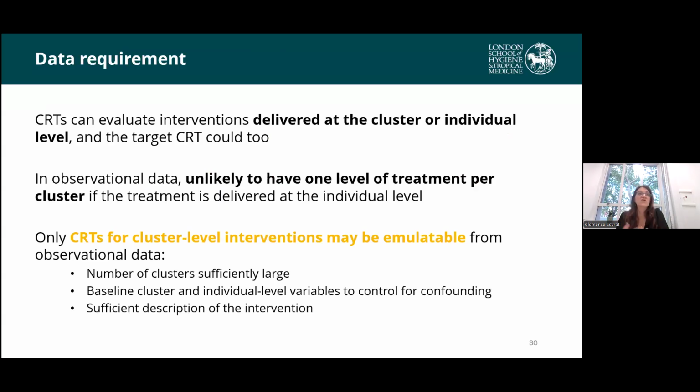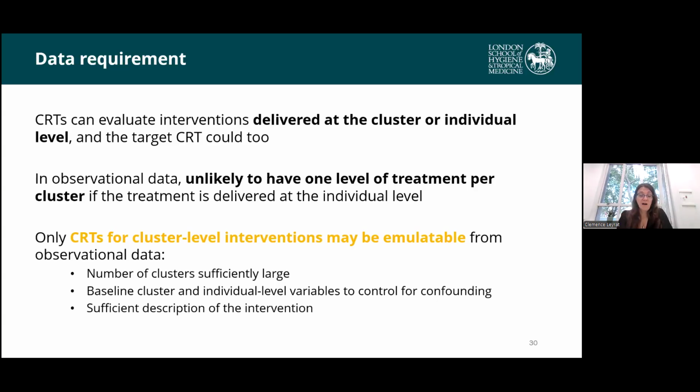So for a drug, for example, you won't have this structure in the data. So it's where thinking about the optimal causal design and the optimal practical design may be helpful. It means that only cluster randomized trials for cluster level interventions may be emulatable. I'm not sure it's a word, but in most cases, we will only be able to emulate a cluster randomized trial when the intervention is actually a cluster level intervention.